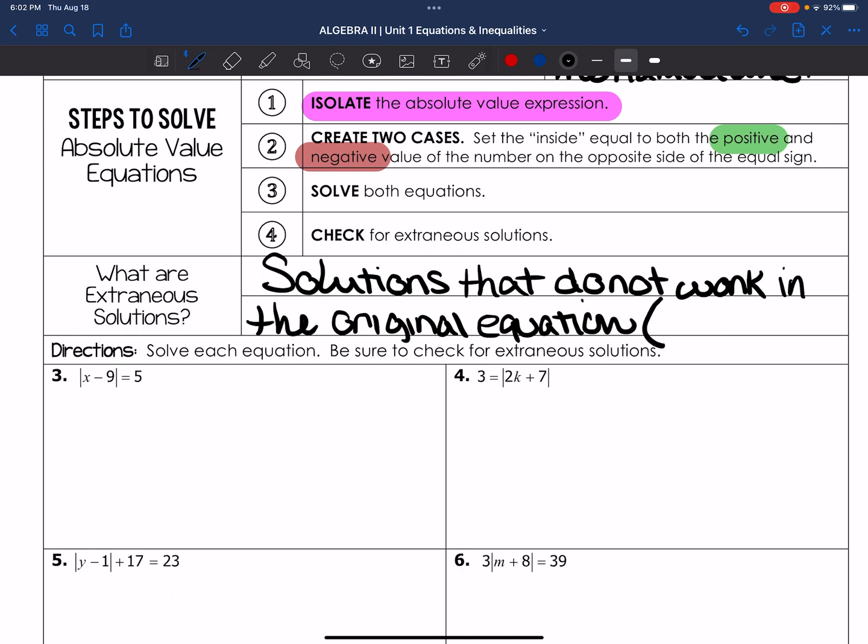They are going to make it false when we do the checking.